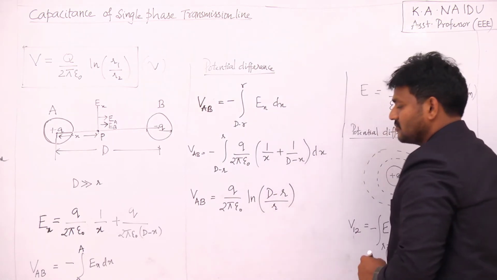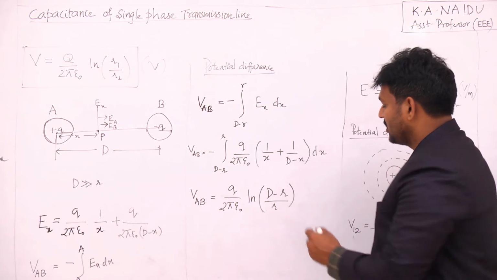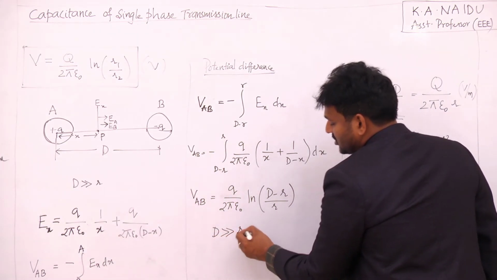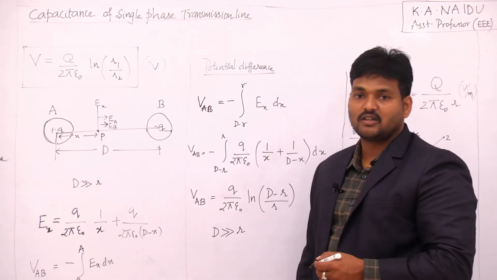Here we have considered that the distance of separation between conductors is very much larger than the radius of the conductor.